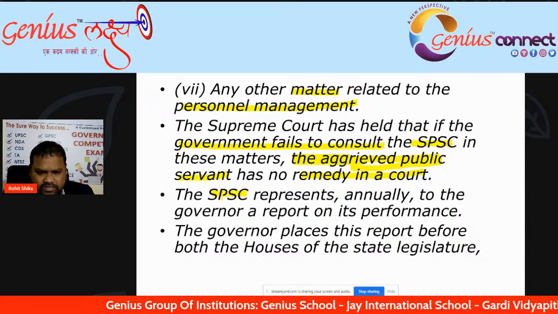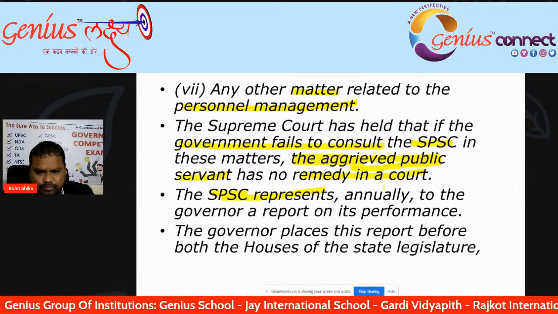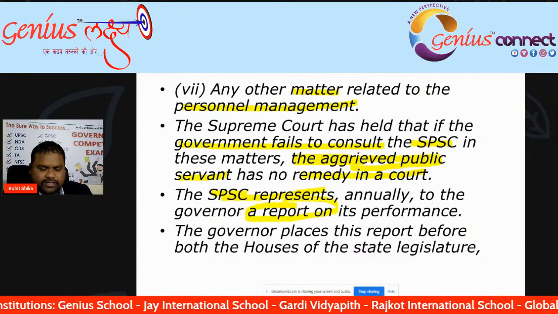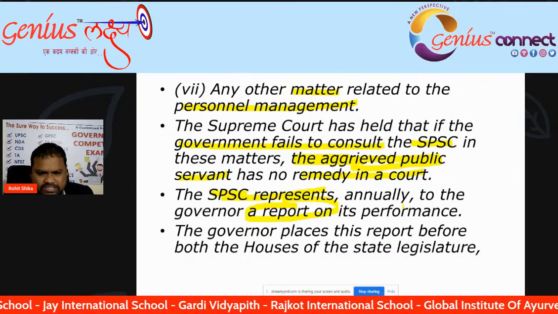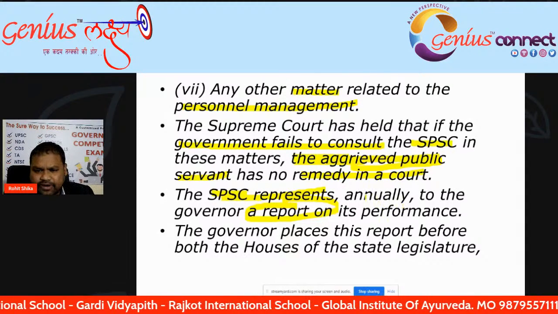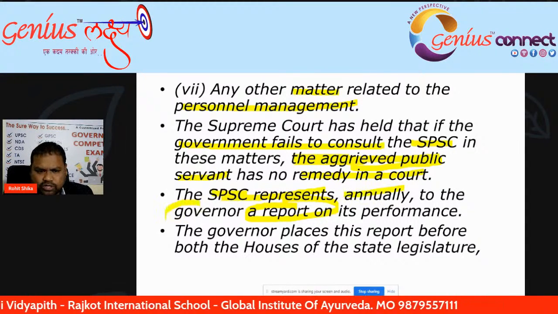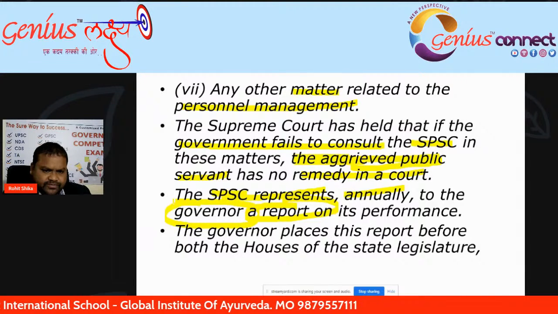A State Public Service Commission presents reports. It prepares a report and presents it every year to the governor of the state.